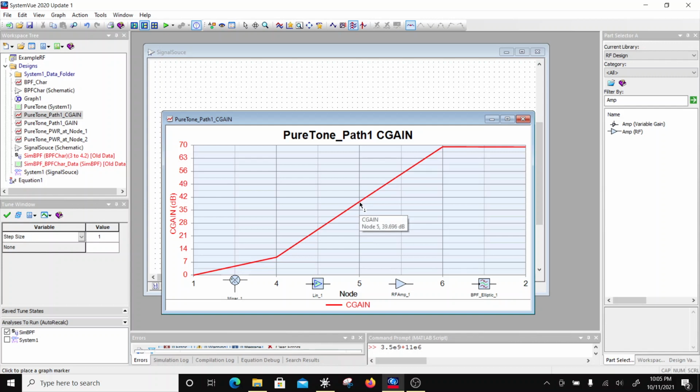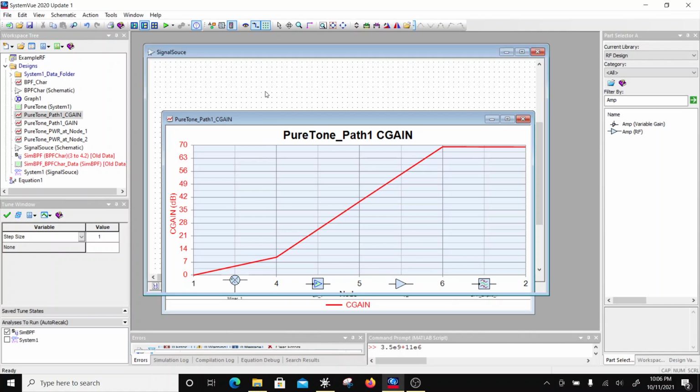Then 39.69 to 69.69. So 69.69, this is 69.2. So in this case it is 0.5 dB compressed. So the PA is 0.5 dB compressed and nothing will show up on the filter, right?